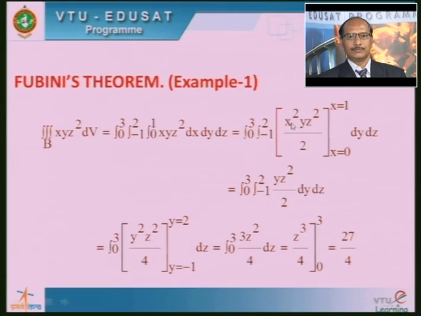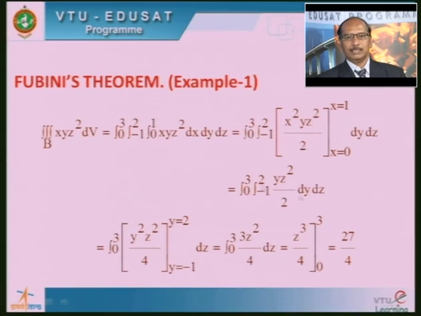Putting x equal to 1, x square becomes 1, and at the lower limit x equal to 0, it is 0. So its value is 1, and that simplifies to y z square upon 2.